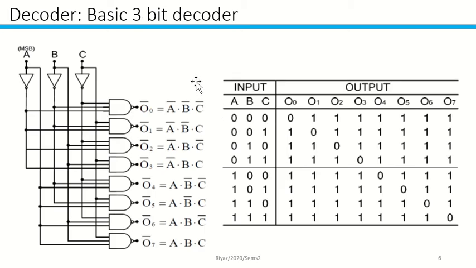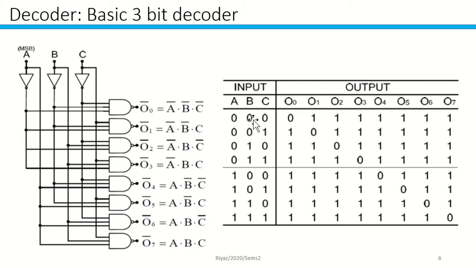This is a basic decoder for 3 bits. Because it's 3 bits, you're going to have 8 particular responses. So you have 000, and your first output 0 will be activated, then 001, and so on. Why is this 0 and this 1? This is because it is in the form of active low.